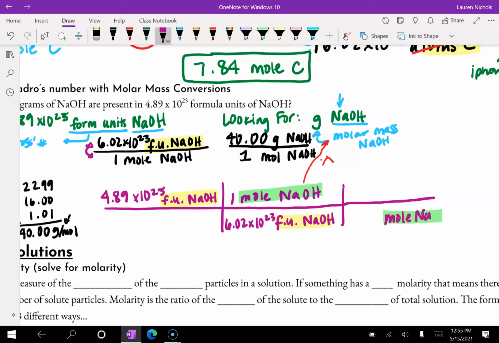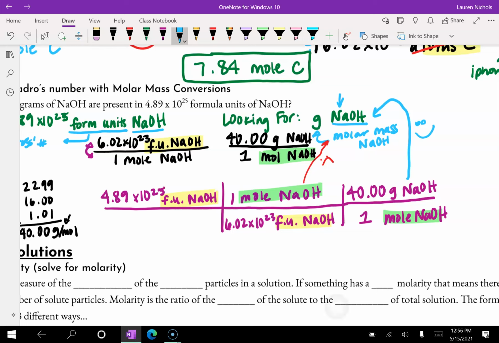Moles of NaOH is technically in two places, but since I've already used Avogadro's number, I can only use molar mass now. It's already at the bottom, so I can put my 1 mole of NaOH at the bottom and my 40.00 grams of NaOH at the top. And we see that this matches what we're looking for, so that makes us happy.